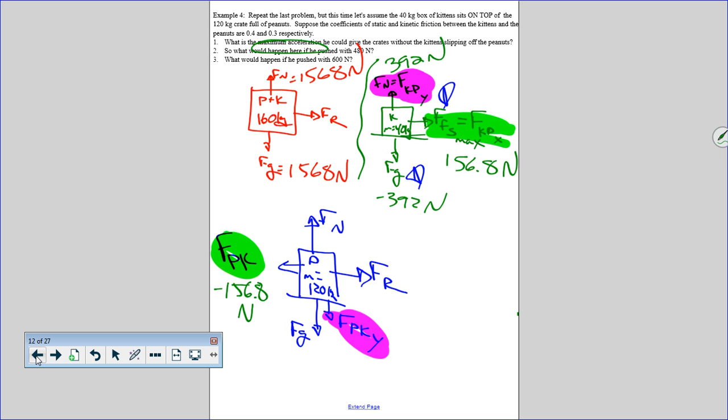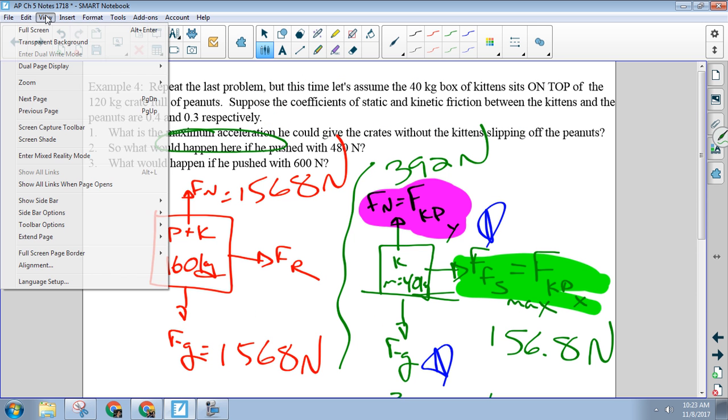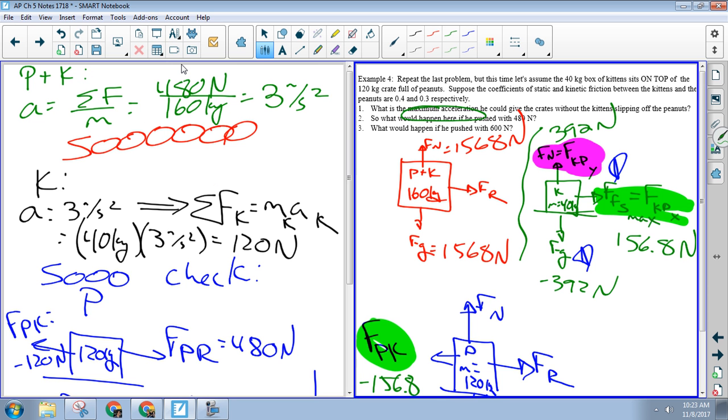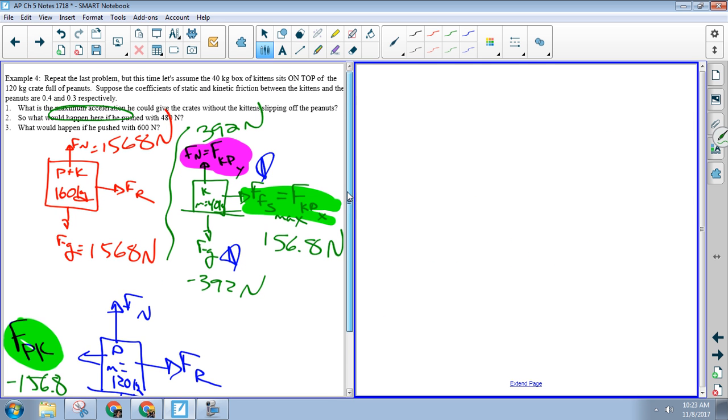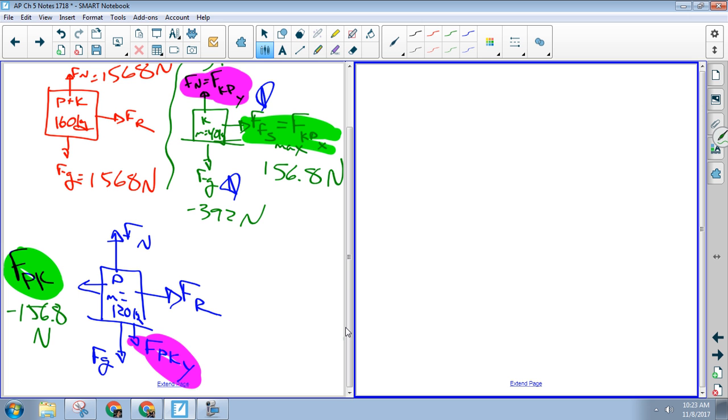Let's focus on the peanuts. Good? All right, so what do we know about the peanuts? Well, we just found their acceleration, right?